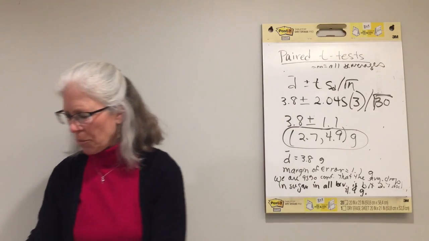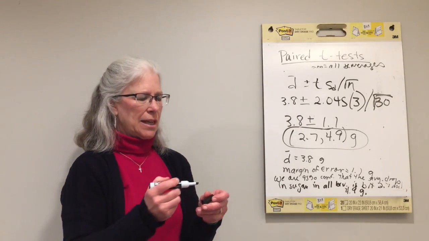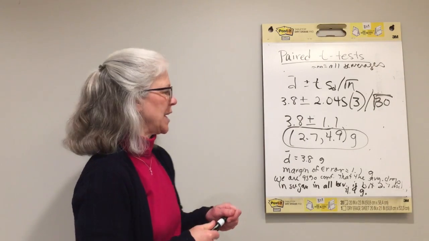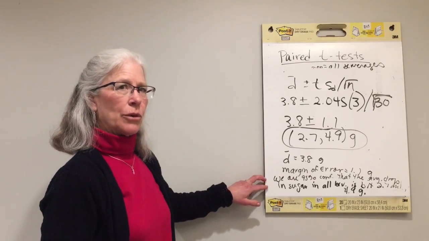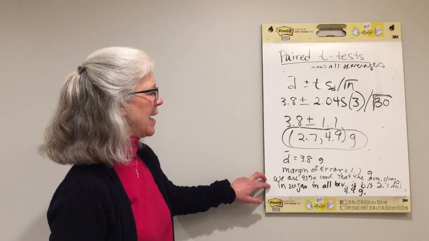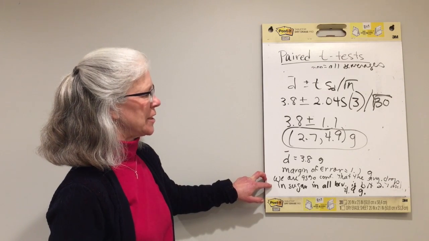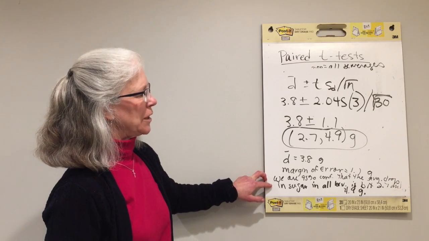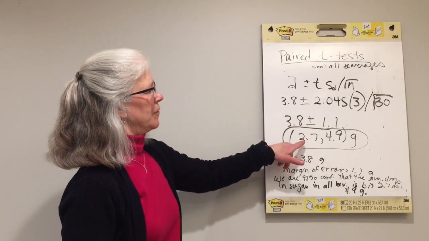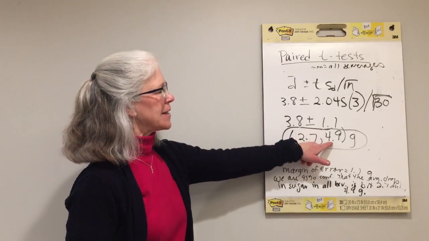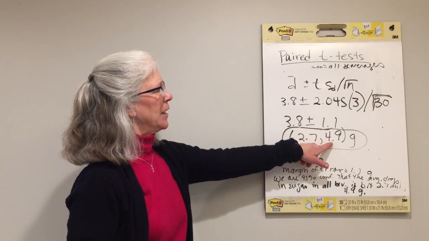So the change in the population of beverages in England between 2014 and 2018, we think, so we're 95% confident, not 100% confident, that the average drop in sugar in all beverages in England is between 2.7 and 4.9 grams.